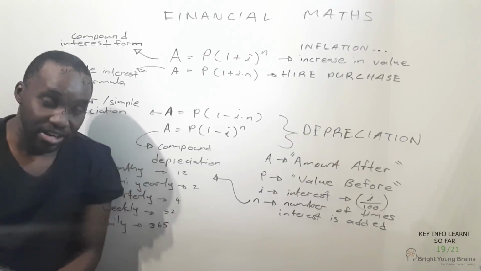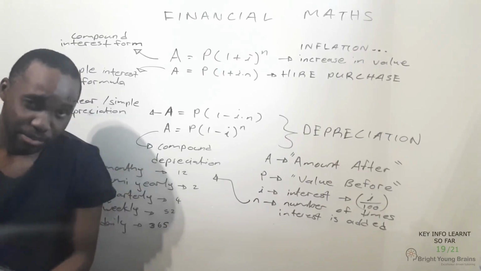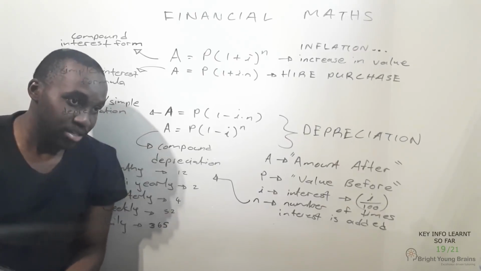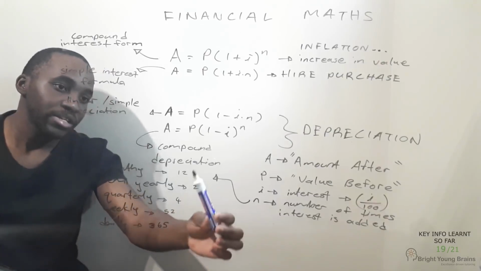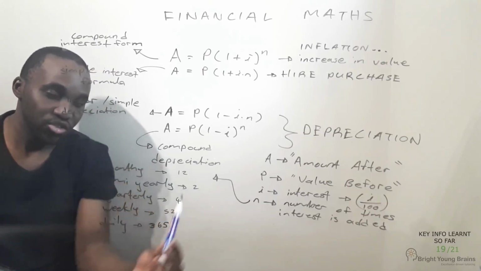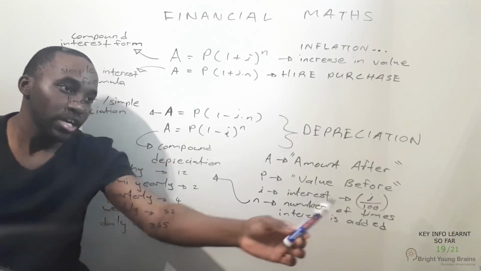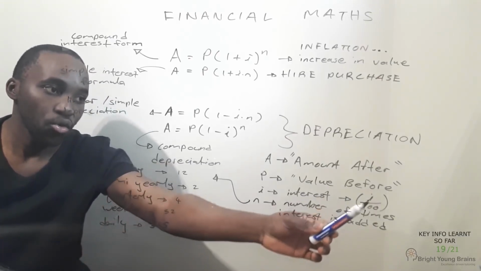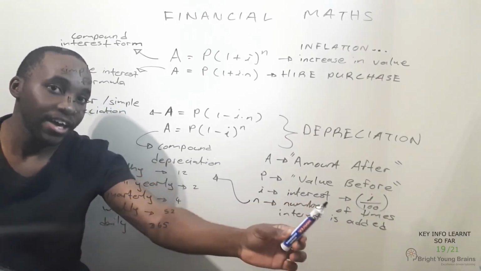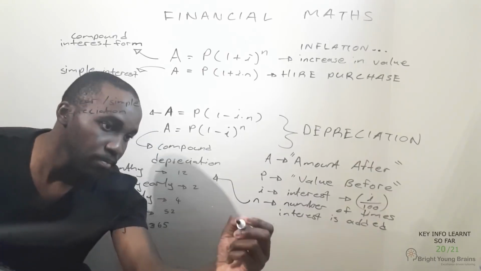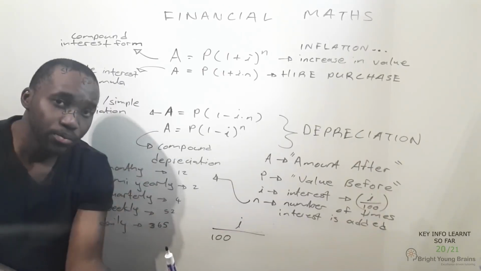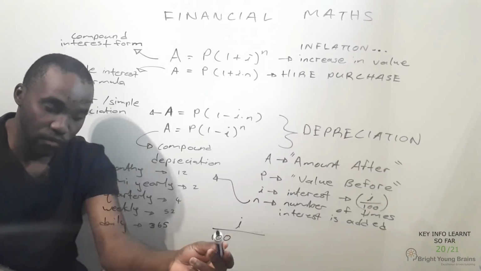While we are on that, another very big issue about your financial maths is depending on how many times your amount is going to gain interest in a year, it will always affect your value for I, in the sense that whatever you put in your calculator will always need to be over 100.